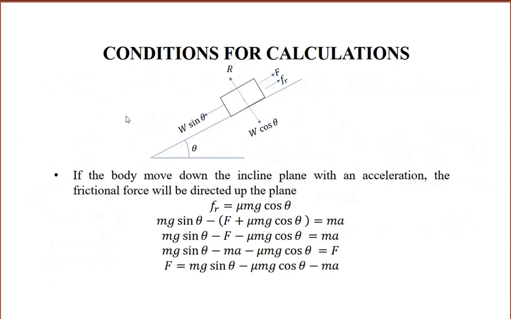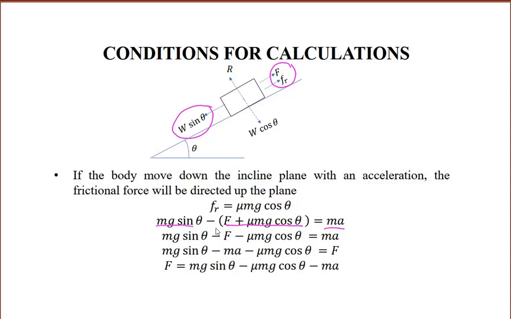Now in this case, if the body moves down the inclined plane with an acceleration, the frictional force will be directed up the plane. That is, if the body actually moves down with a uniform acceleration. Now, if the body is moving down, the force moving it down is W sine theta. The force opposing the motion is F and the frictional force. So the force moving it down minus the force opposing the motion is equal to the resultant force with which it moves.